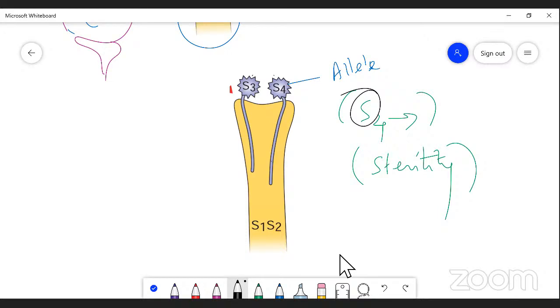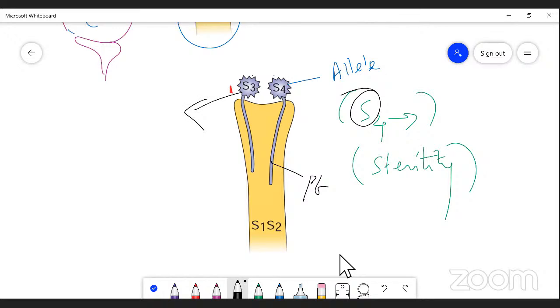it gives rise to form pollen tube, right? And the pollen tube develops, grows, and penetrates the style region and enters the embryo sac and fuses. I mean, releases male gamete in the female gamete. Hence, fertilization is taking place and zygote is developed, right? So, on the other hand, I can say one more allele, that is S3.